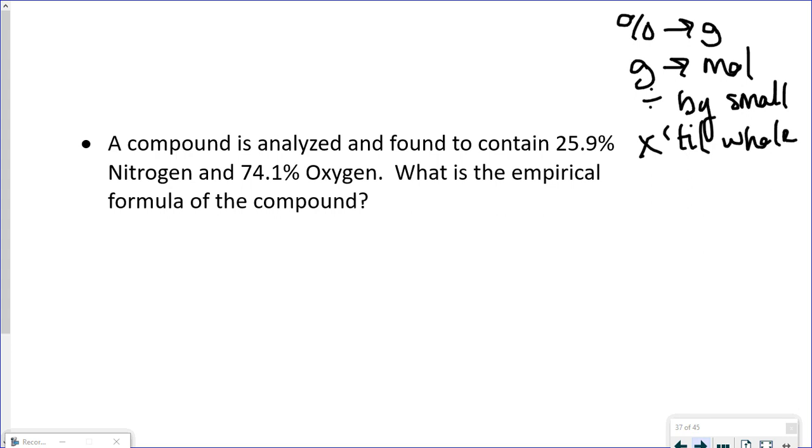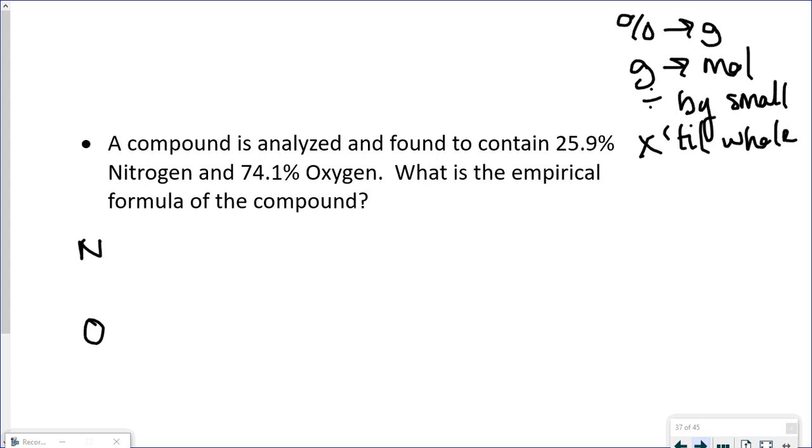And similar to percent composition, where we had to do the problem for each substance unless it's specified otherwise, for empirical formulas we're going to have to do these 4 steps for every substance in our compound. So our compound here contained nitrogen and oxygen, so we're going to have 2 problems. And it is easiest to work through the problems together because you're doing the same steps.